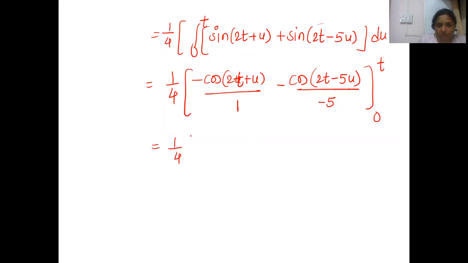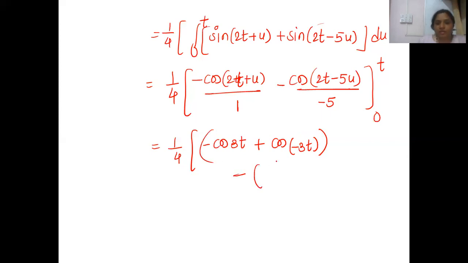It is 1/4. First, for the upper limit, you will write t. So it is minus cos(2t plus t), that is 3t. Minus minus becomes plus cos(2t minus 5t), that is minus 3t. Okay, that is the upper limit. Minus the lower limit, now put u as 0. That is minus of cos 2t.